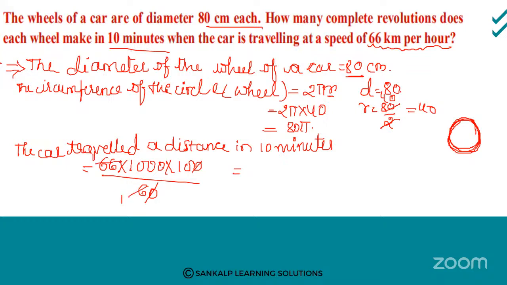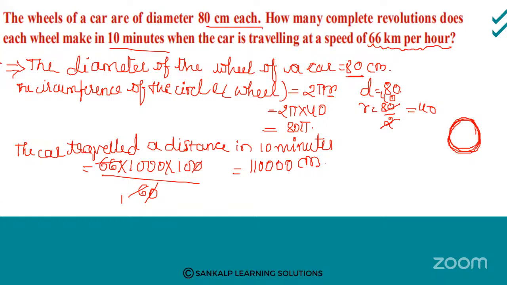So 11 into 1000 into 10, that is 11 with 1, 2, 3, 4 zeros, right? Centimeter. Now it is converted into centimeter. So kilometer is converted into meter, that is into 1000, and meter is converted into centimeter, that is into 100.